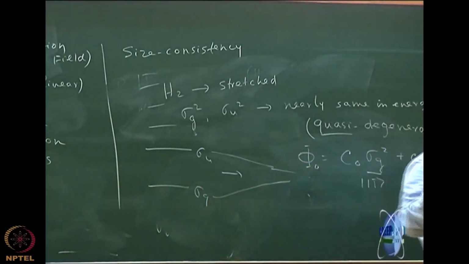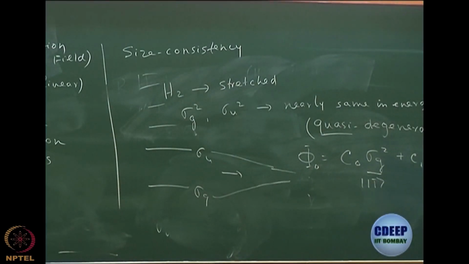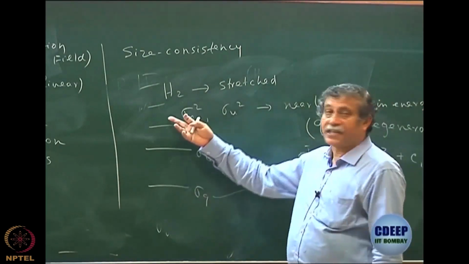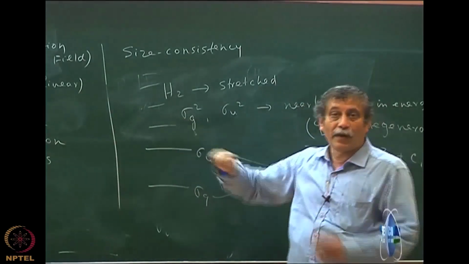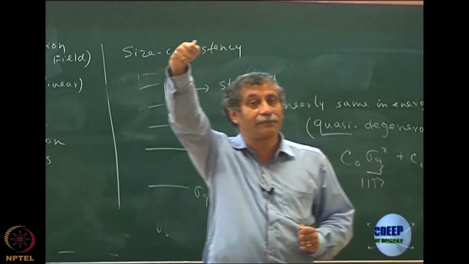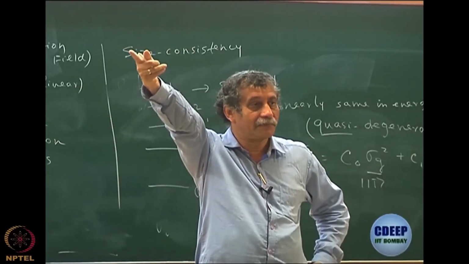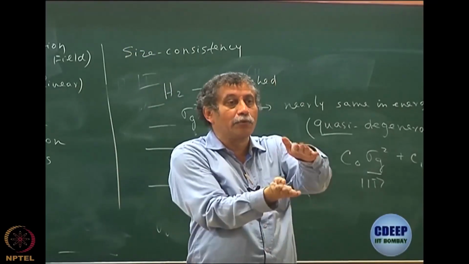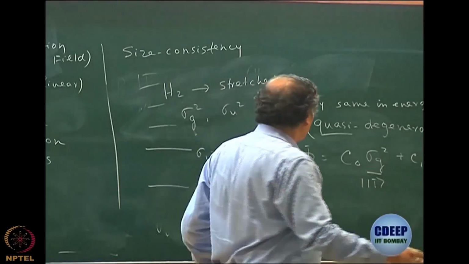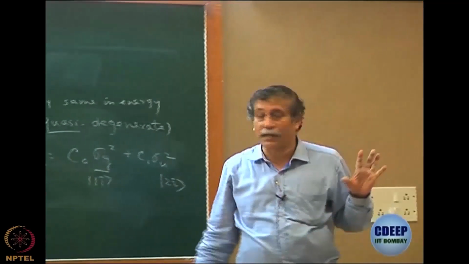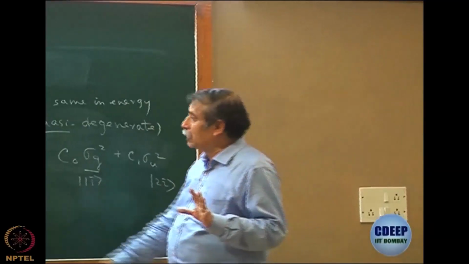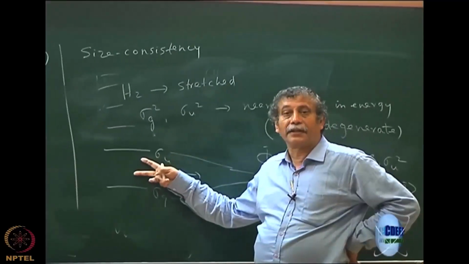So to do even DCI exactly, I need to take many configurations, correct? I may have to take even singles for full CI, because there may be another orbital with G symmetry, where I should be able to excite, because G into G remains G, right? Here it was only G and U, minimal basis, so I can't do that. So, in principle the problem may be very large even for a hydrogen molecule if there are many orbitals, but I know that only these two configurations are important, the rest are not.